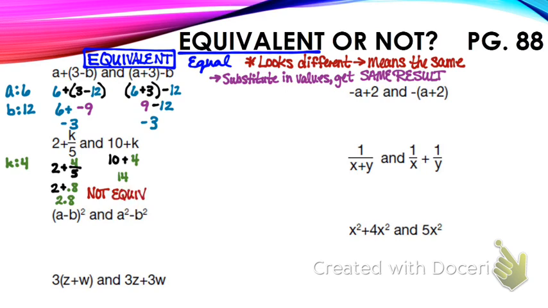What about the one right below that? I have a minus b inside parentheses, and it's being squared. Here I have a squared minus b squared. Do you think these are equivalent or not equivalent?